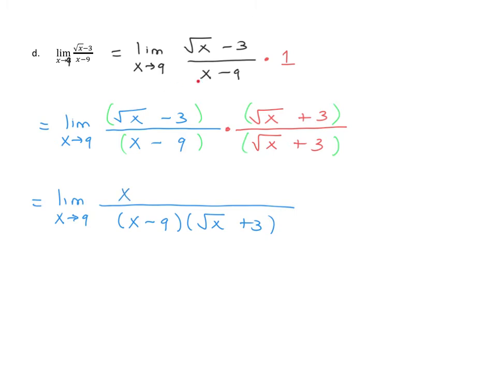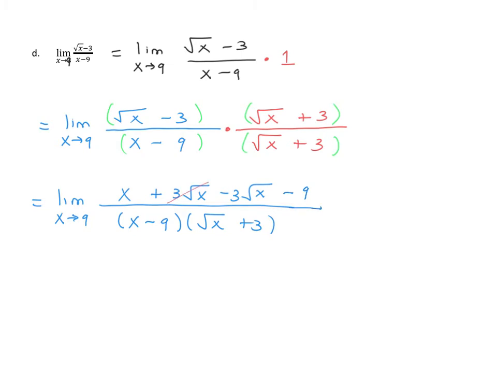When you multiply this root x to this positive 3, you get positive 3 root x. When you now multiply in this negative 3, you get negative 3 root x. And this is the power of multiplying the top and bottom by this thing. It's going to give you two terms that cancel. Continuing, negative 3 times this positive 3 gives you negative 9.